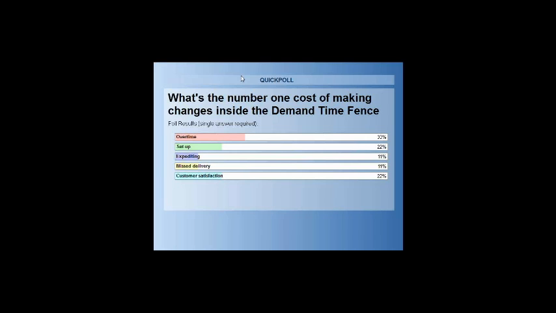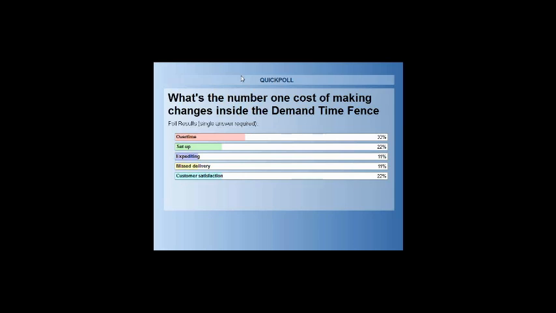Interesting distribution. 33% of you said that the main cost is overtime to support the change. And then we had a split between setup and customer satisfaction, 22%. Expediting and missed deliveries brought up the rear. The interesting thing here, every one of these is part of the cost of making a change inside the demand time fence.